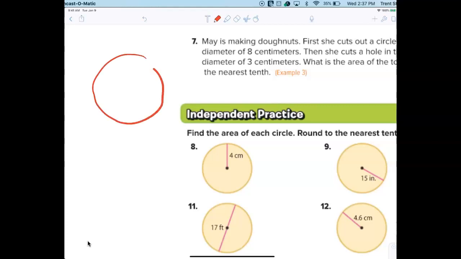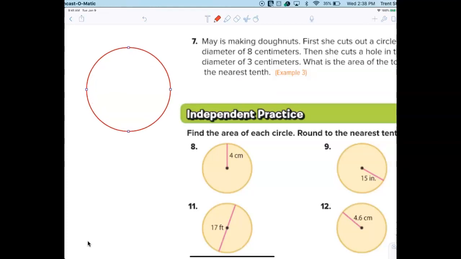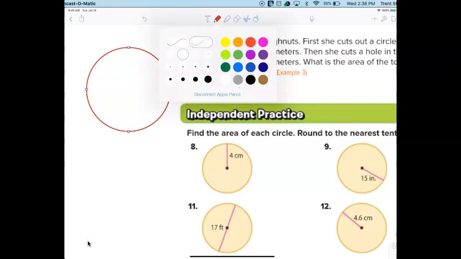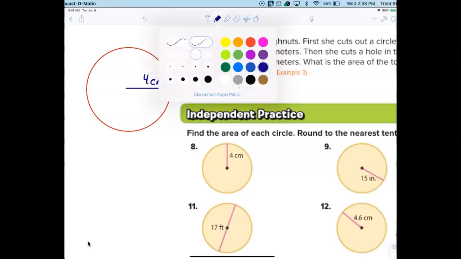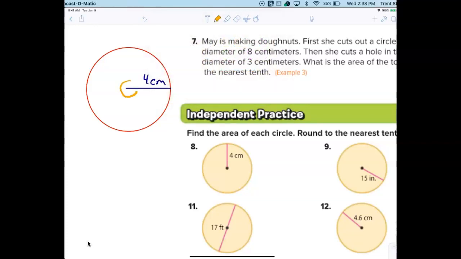I'm going to create a donut. All right, there's our donut. Now, Lucas, what is my radius? 4. So now we're going to draw a radius that is 4 centimeters. Now you're creating a hole, and that radius will be how much, Lucas? 1.5 centimeters.